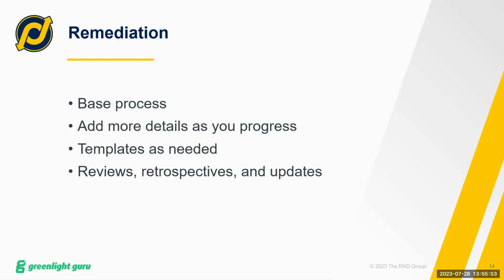You'll be working side by side with your software team, doing the deliverables and defining the process as they need it. And you're going to add more details. You'll add templates as needed. So initially, if you have just one project, it may not make sense to develop a template and then have your project team implement that template.